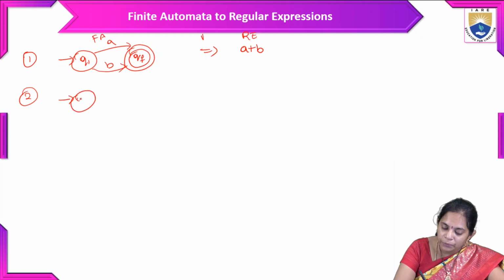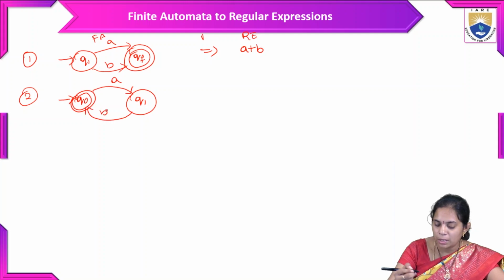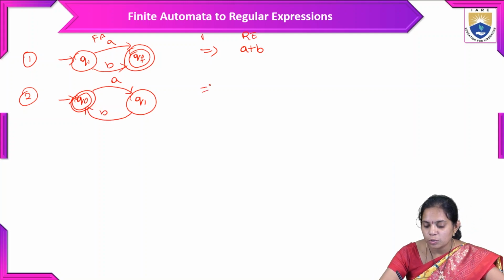Initially q naught is the initial state and also a final state, with two input symbols. A as an input symbol and q1 I will take, and B as an input symbol. So the initial state and final state are both the same. That indicates how many times it loops, and the epsilon symbol is also there, and we also have the AB symbol.